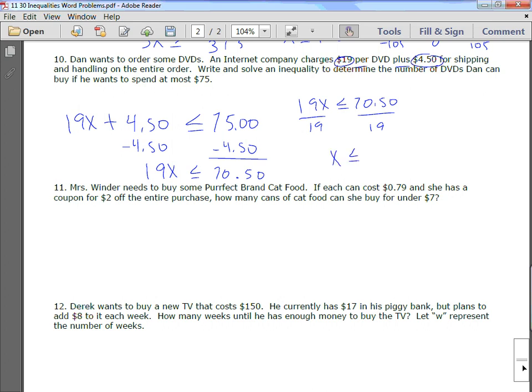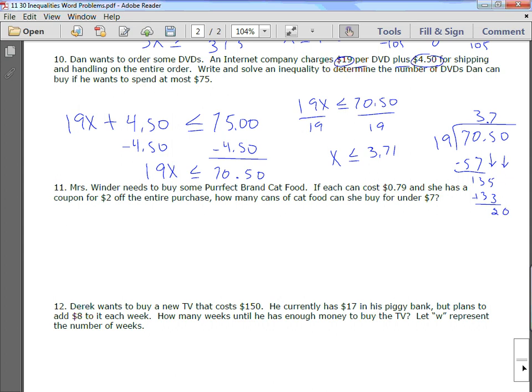I will go ahead and show y'all how I'm doing that. Remember, numerator goes inside, denominator goes outside. So 3.71 DVDs.